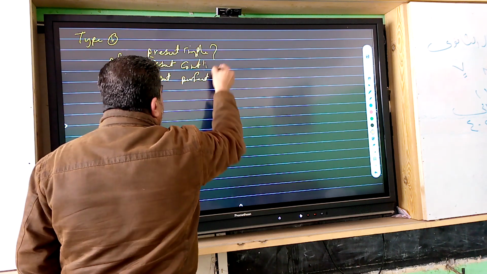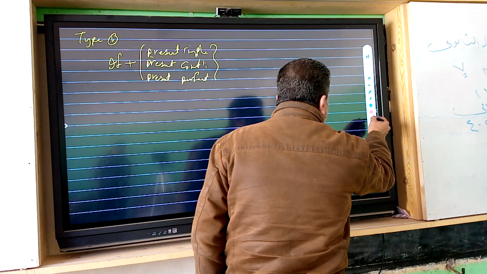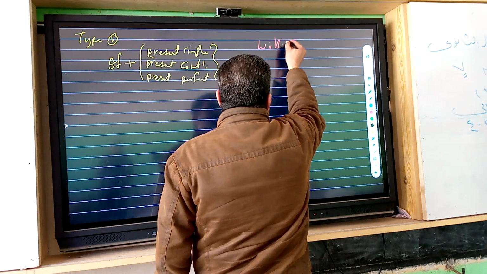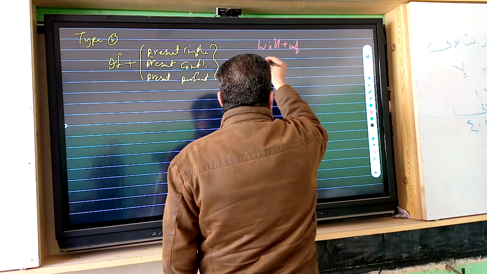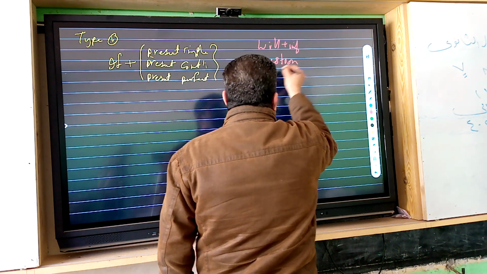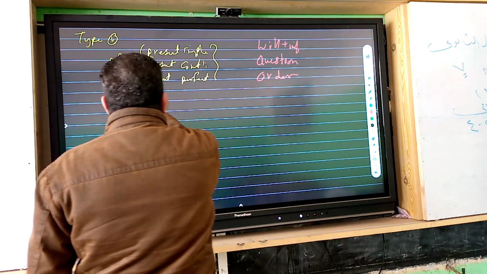Again, this is what we call the if clause. What about the main clause? The main clause is going to be will, imperative, it can be a question, it can be an order. Let's have some examples.